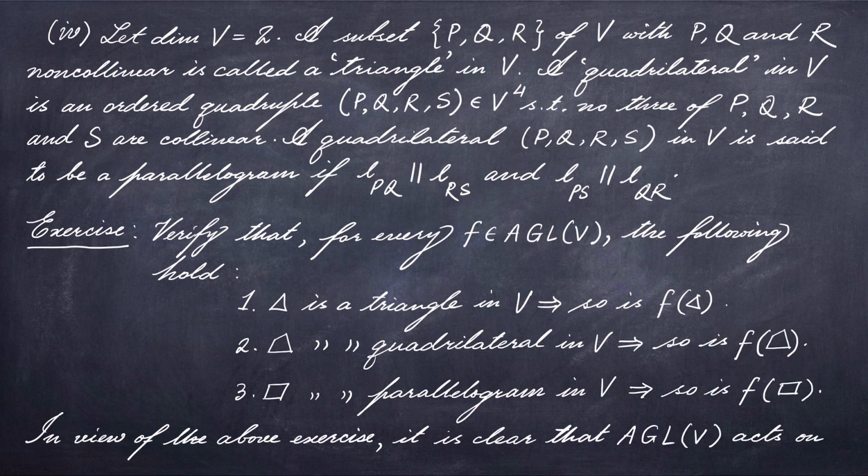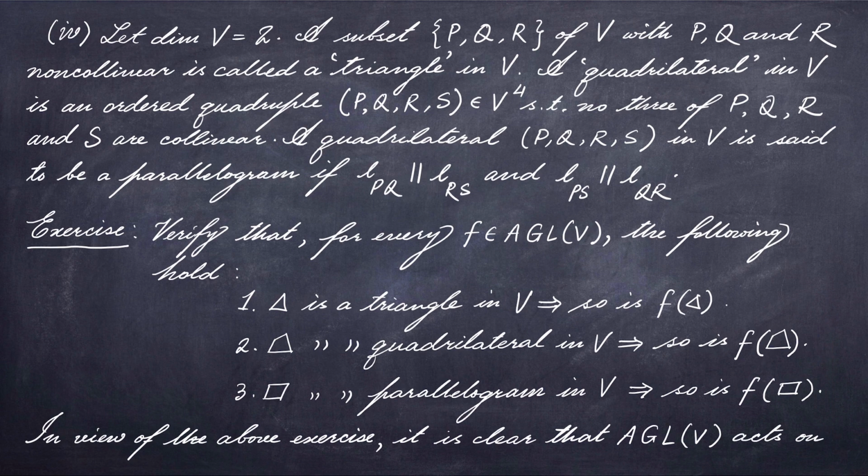Similarly for quadrilaterals and parallelograms. So whatever you have done in transformation geometry is exactly put here in the formal language of linear algebra and group actions, and nothing else.